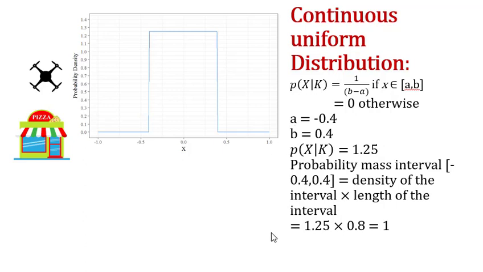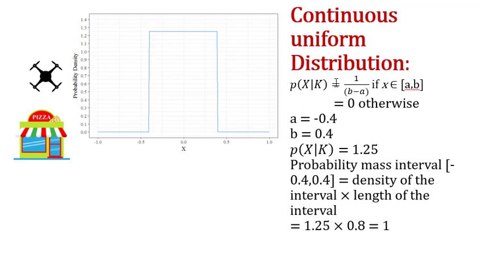Any continuous uniform distribution has two parameters, A and B, or parameter minimum and parameter maximum. A is the lower bound of the interval and B is the upper bound. In this case, A is -0.4 and B equals 0.4. So that's the interval.